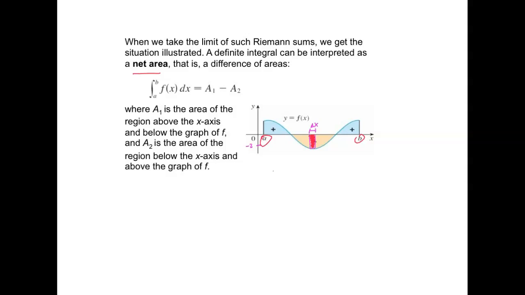Any questions about that? So with that in mind, before we get to the fundamental theorem, we're going to define just some basic intuitive properties of integrals, just based on this concept of it's the net area under a curve on an interval.